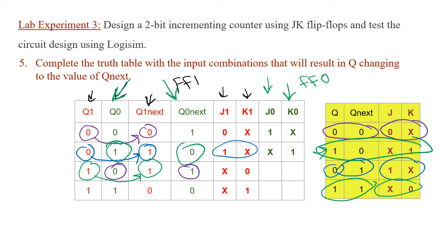So for that to happen, J and K must be 1 and don't care. Finally, Q0 is transitioning from 1 to 0. For that to happen, we need J and K to be don't care and 1. So that completes the state table for experiment 3 of this lab.